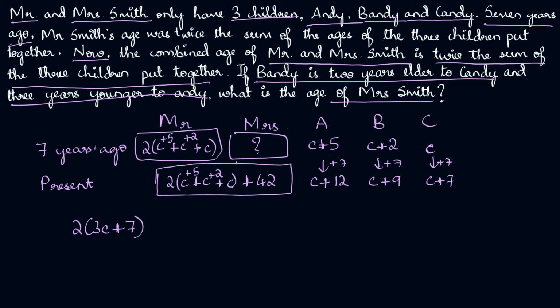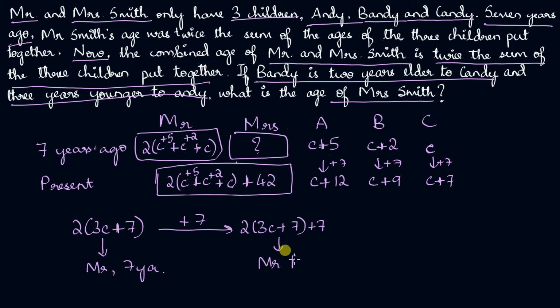Now that was just Mr. Smith's age 7 years ago. Now if we add 7 to this, we get Mr. Smith's age at present. So, which is 2 times 3C plus 7, add a 7 to it. And this is Mr. Smith's age at present.